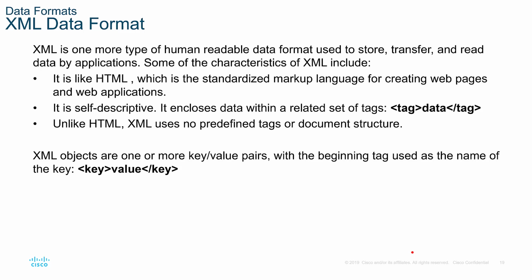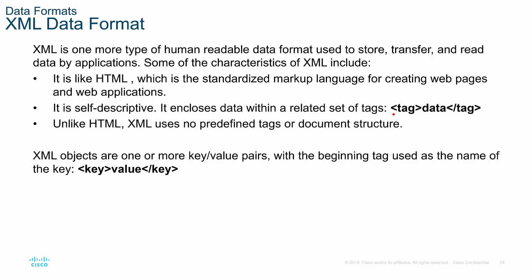XML data is another type of human readable data format used to store, transfer, and read data in applications. Some of the characteristics are very similar to HTML. It's a standardized markup language for creating web content. It is self-descriptive. It will enclose data within a related set of tags.